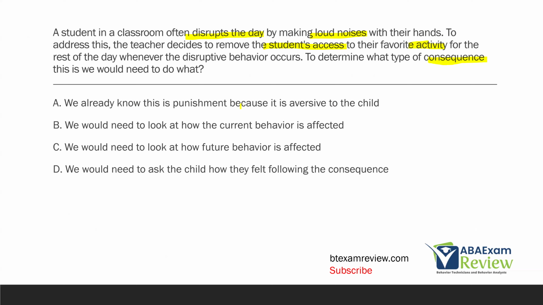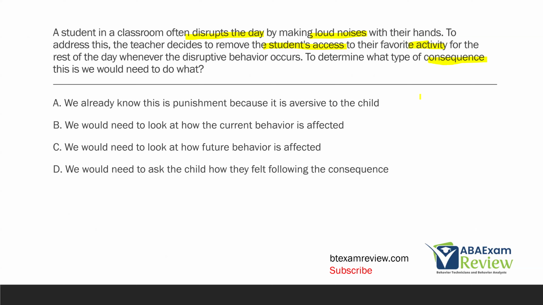B, we would need to look at how the current behavior is affected. We're not looking at current behavior. In this situation, current behavior already happened. The noise has already happened. Now we're looking at the consequence, which follows behavior and affects future behavior. C, we would need to look at how future behavior is affected. Perfect. Consequences affect future behavior. In order to determine what type of consequence it is, we would need to look at future behavior.